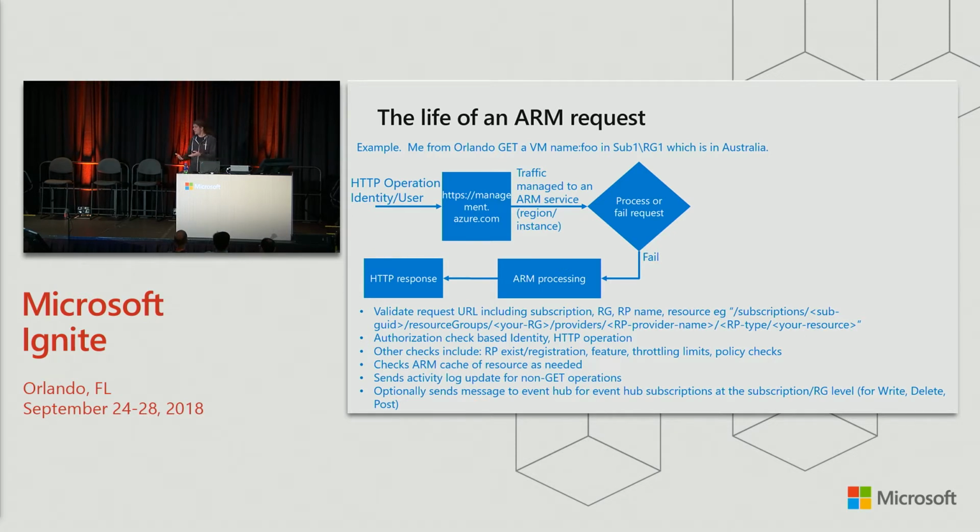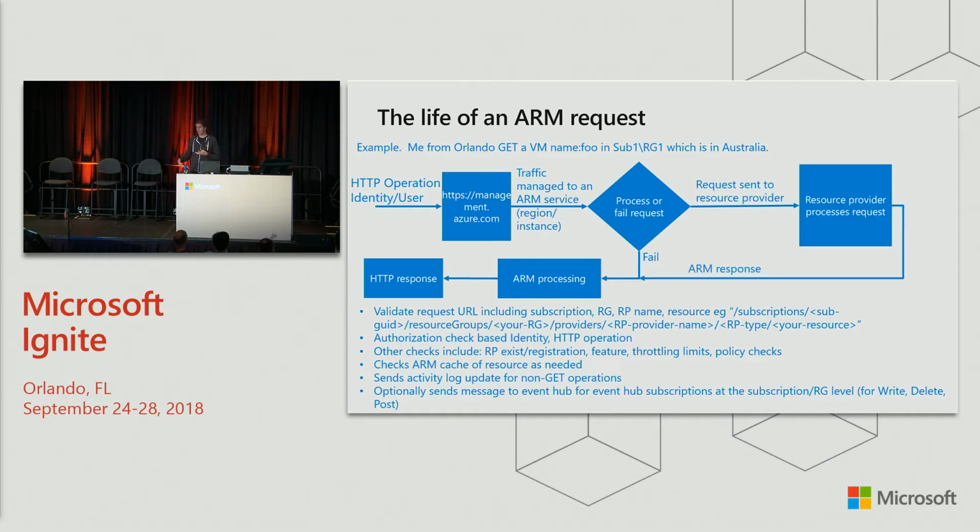Now, if it does succeed and those things all check out, then it sends it to the resource provider, based on the resource provider's registration with ARM. There are really two types of resource provider registrations. There can be a global resource provider or a regional one, in which case we have to route it to the endpoint that's responsible for virtual machines in the location that we've accessed.